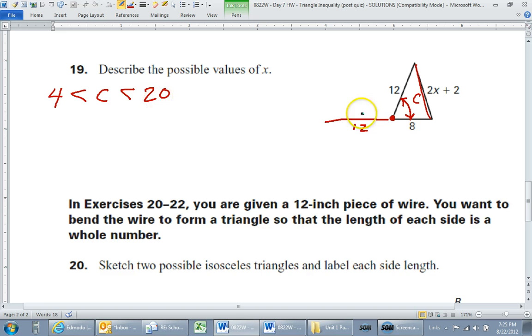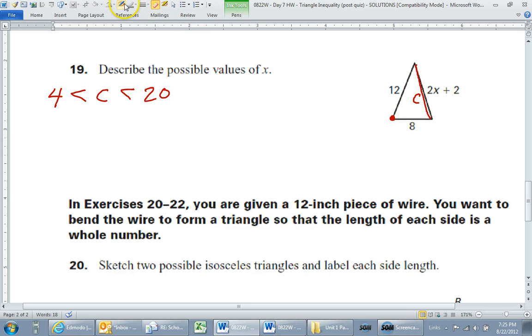So 20 is the upper limit, where I added. 4 is the lower limit, where I subtracted these two. Don't want you to be too distracted by these extra things. So the third side has to be between 4 and 20.